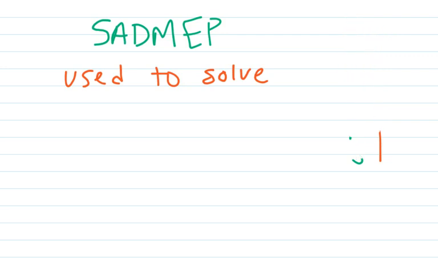So we're going to do SADMAP, and again, that's used in order to solve, meaning what does x equal? Or whatever the variable happens to be. All right, so we're going to try one out, and again, we're using the opposite because we're going to solve. One way that you know that you are solving is because the directions might say something like solve for x.